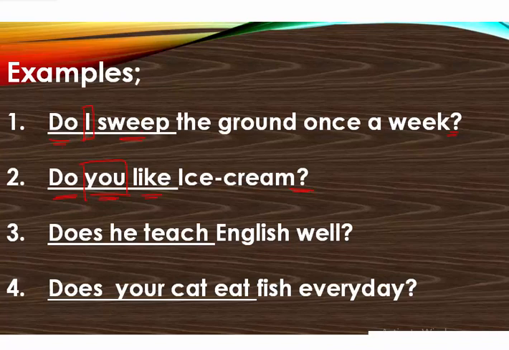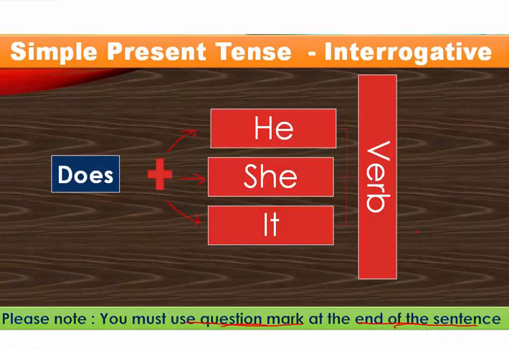Please see this third example. Does he teach English well? So here, if he comes, we have to use does. Does he and the verb.